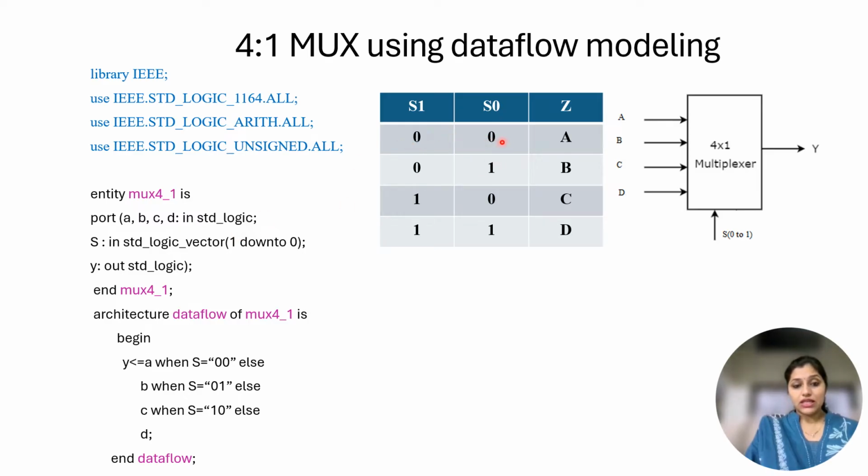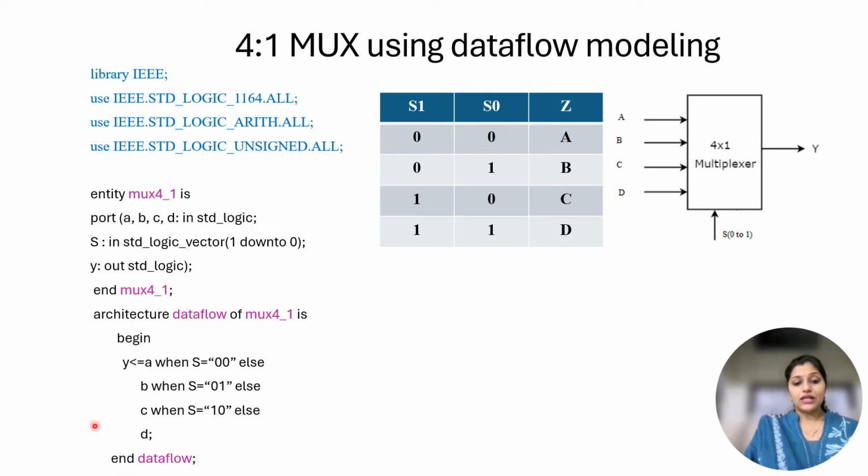It means when S is 0, 0, Y is assigned as A, else B when S is 0, 1, else C when it is 1, 0, else it is D. Y means my output.